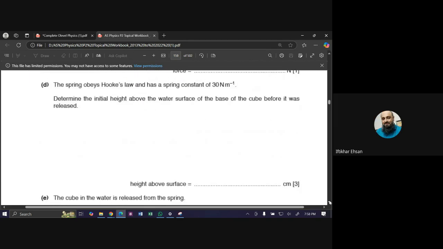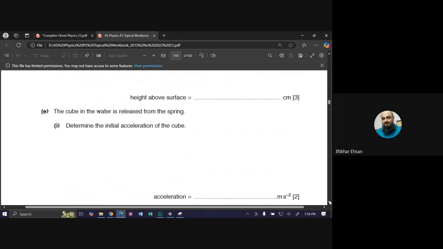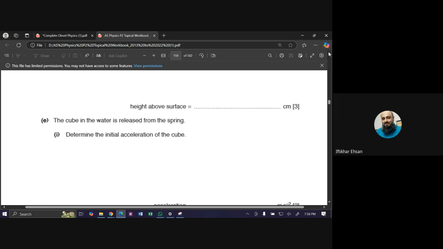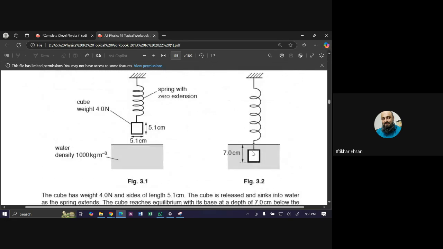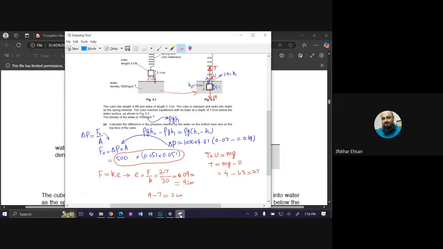Yes, that is gravitation. So let us read the statement. The cube in the water is released from the spring. Yes, it says now the spring is detached. So, okay, now let me change it for you.